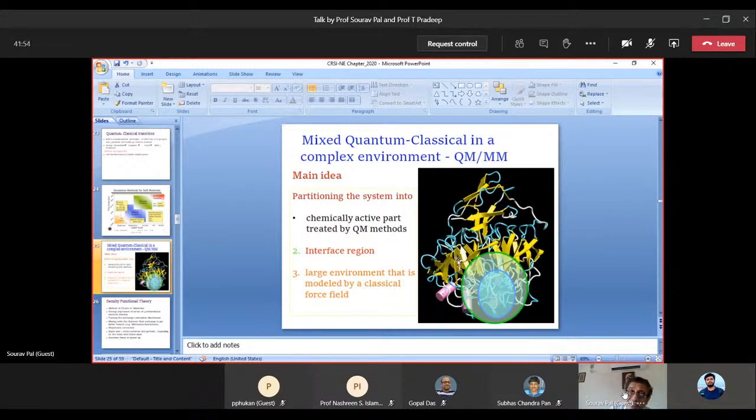The long length scale here, you can use classical mechanics. But then you need an interface region. It is very hard to go from quantum to the classical region directly. So one has to go through an interface region and then go to the classical mechanics. So this is a large environment that is modeled by a classical force field. But then the interface region is very, very important.